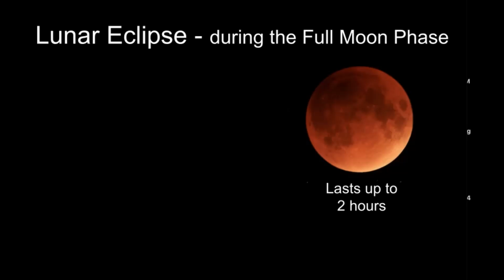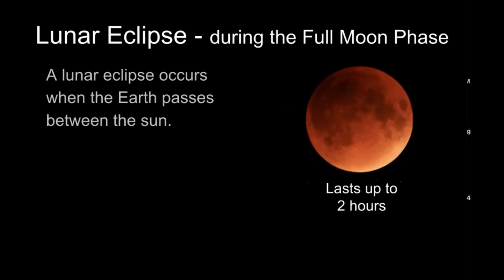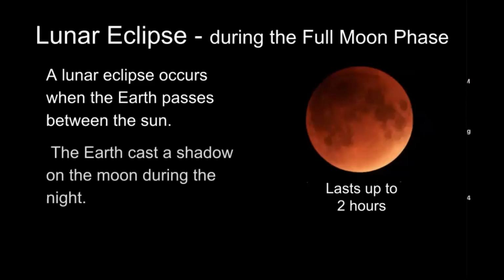Okay, so we have the Earth casting its shadow. This happens when Earth is passing between the sun and the moon. So it goes sun, Earth, and moon. Again, that's the full moon position, and the Earth is casting its shadow on the moon.